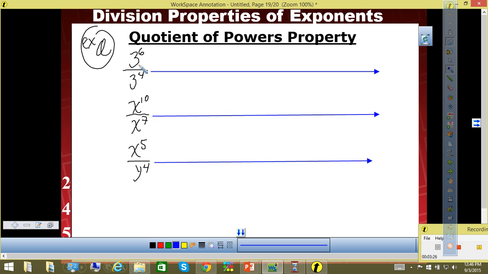So we have an exponential expression divided by another exponential expression.